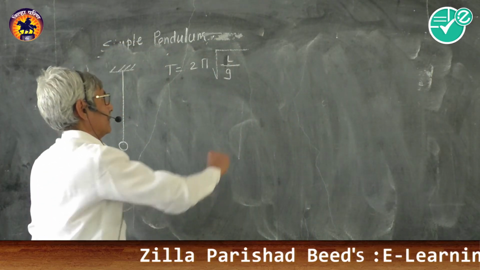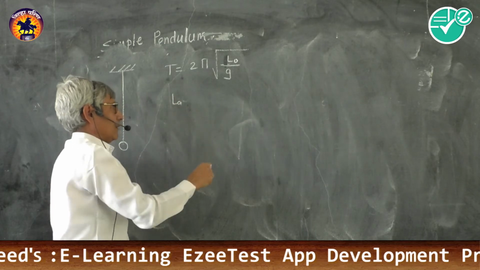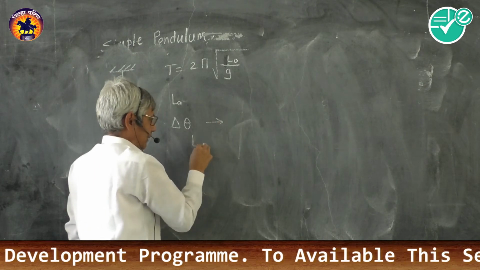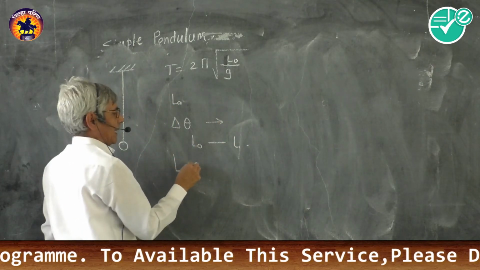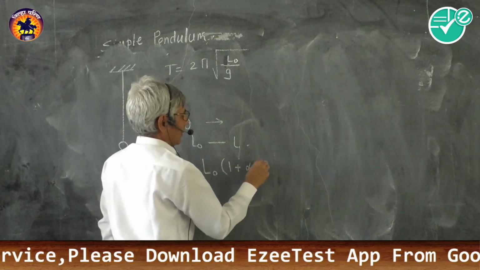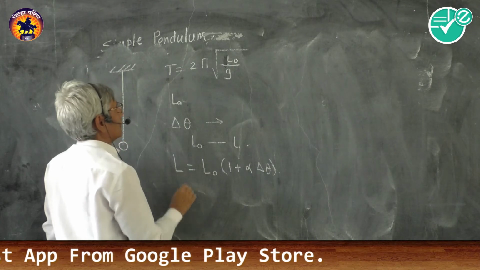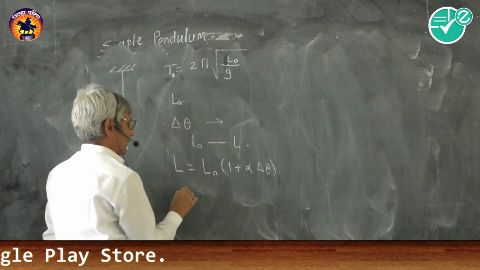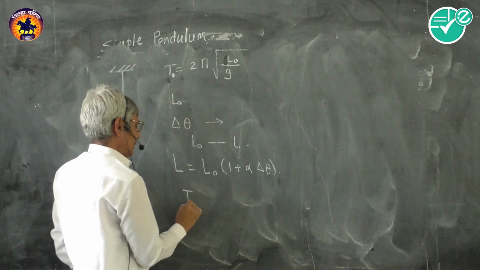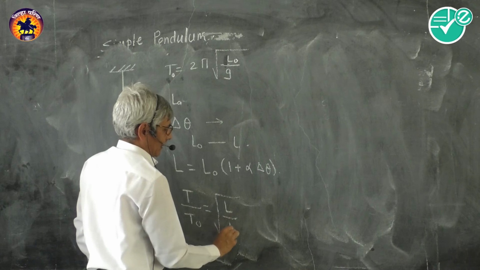Now suppose that L0 is the original length. Now suppose that due to rise in temperature delta theta, this L0 length changes to L. Then the increased length L is given by L0 times bracket 1 plus alpha into delta theta. The corresponding time period is taken as T, where T0 is for the L0, then T divided by T0 will be equal to square root of L divided by L0.